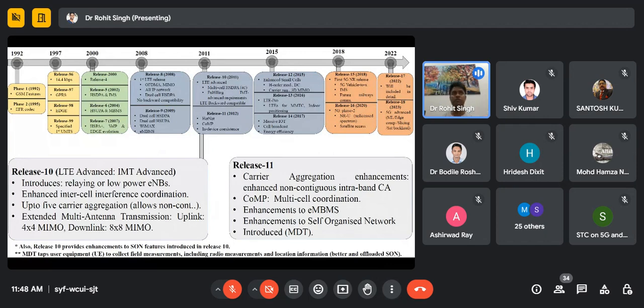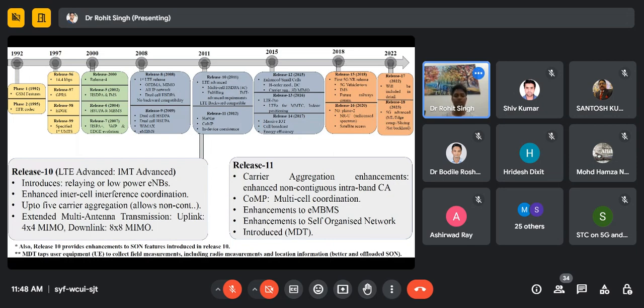Earlier in 2G, we had to assign multiple slots, 4 time slots per user. Now we are assigning 2 bands per user, so 2 bands, 3 bands, up to 5 bands we can assign per user. That means again we are making efforts to assign more resources to one user, so that he or she may get better and better data rate.